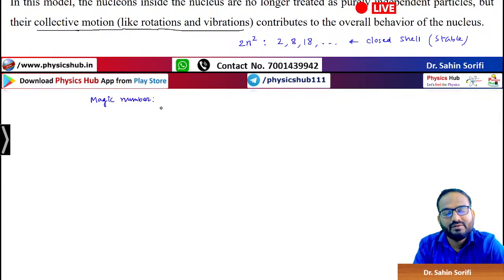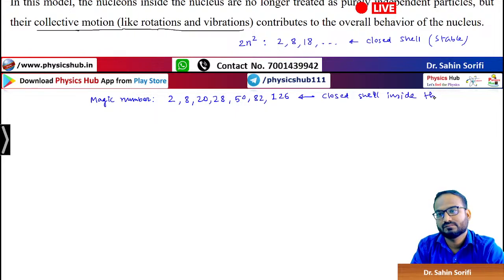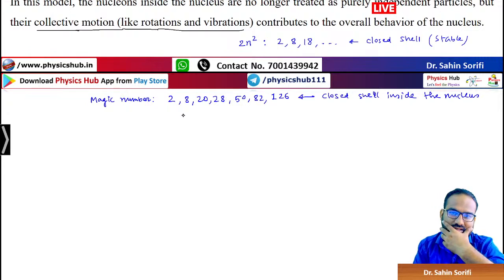So when a particular nucleus contains the magic numbers 2, 8, 20, 28, 50, 82, 126, it is said to form a closed shell inside the nucleus. Just check the magic numbers, whether I have written them correctly or not.